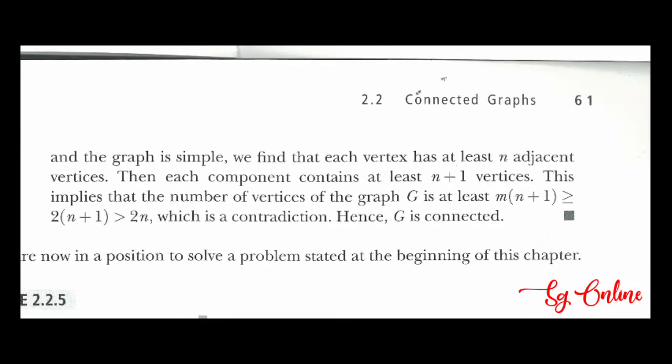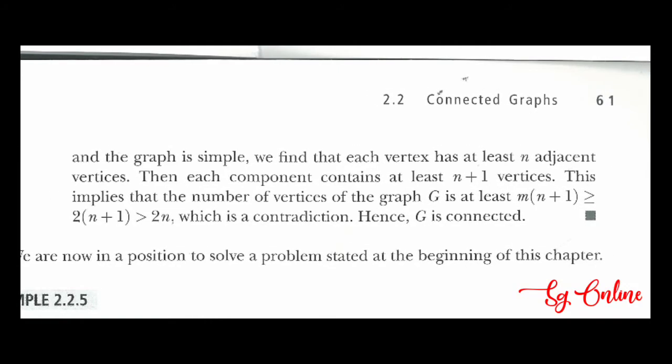Since the graph is simple, there are no parallel edges, no loops, and since the degree of a vertex is at least n, in any component, if we consider a vertex, it has at least n other neighbors, and so each component contains at least n plus 1 vertices.